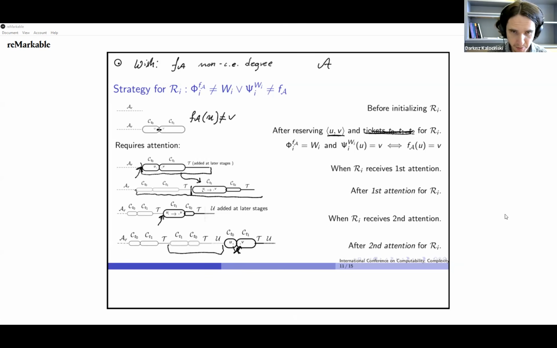And what's important here, which is a slight divergence from Cooper's proof, is that we really have to pay attention to the structure at this point.